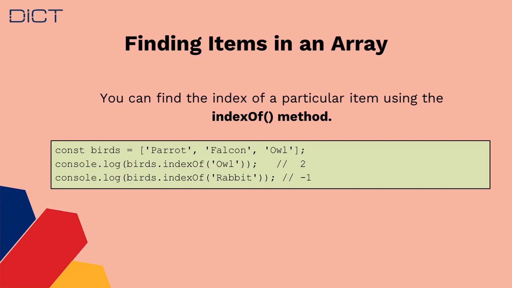So the index number of the owl data is 2. Then we use another console.log method, calling birds.indexOf rabbit, and it returns -1 because it doesn't have the element rabbit in our array.